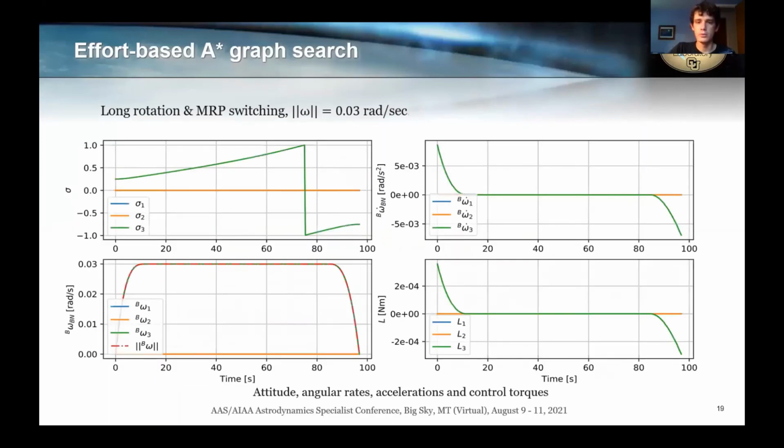And if we look at the plots, we can see this very nice bang-bang profile where we only apply torques around one axis in the beginning and the end of the trajectory, while during most of the trajectory, the spacecraft is free coasting at a constant angular rate of 0.03 radians per second.